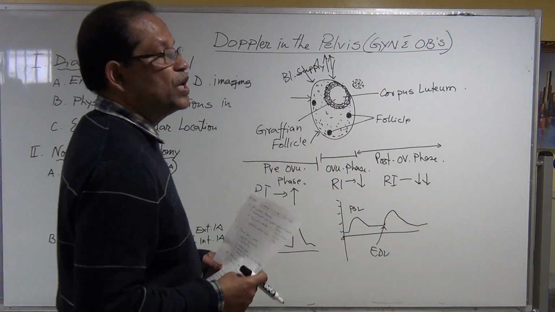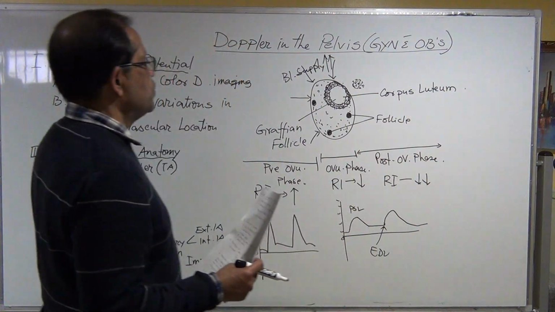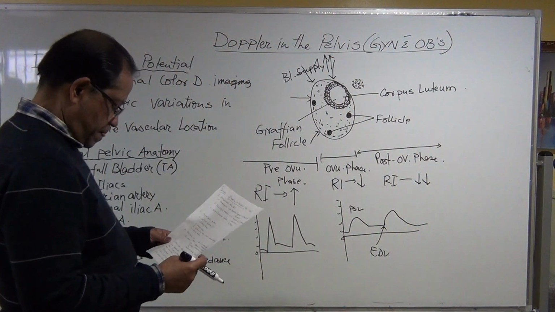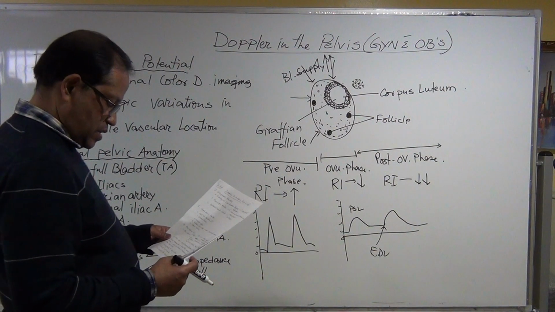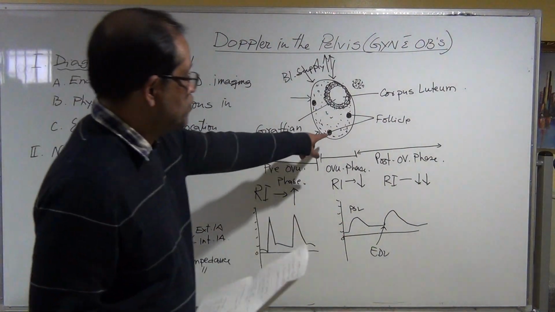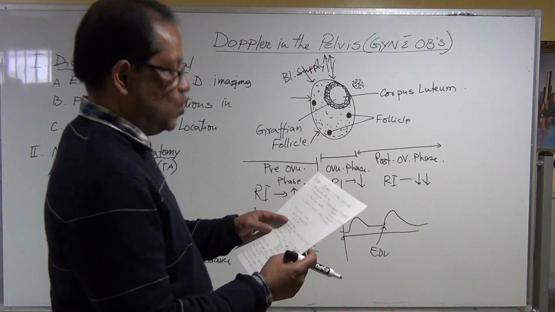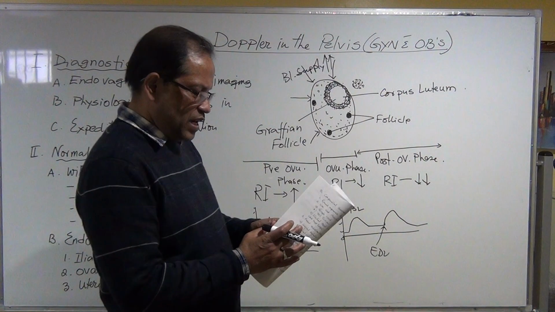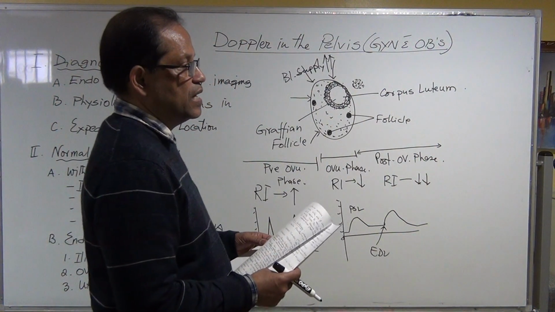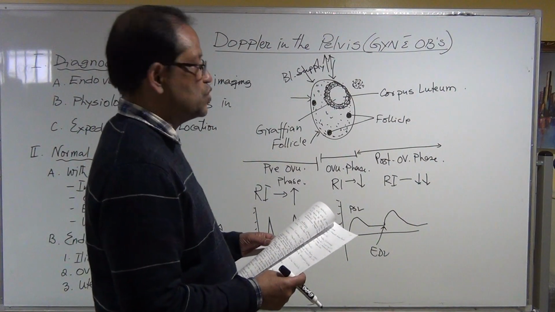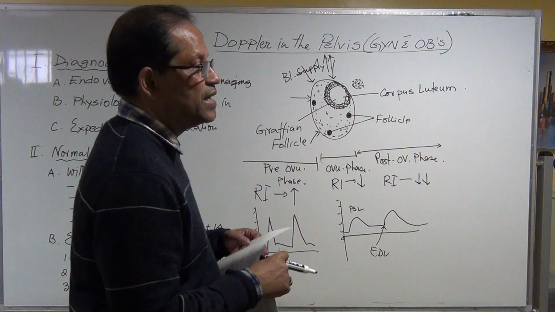How are we going to know it? Do the Doppler, then you will see it. And in an immature follicle, you do the Doppler, you will see no diastolic flow at all, or very low flow around the immature follicle. An immature follicle will show a high resistivity index.